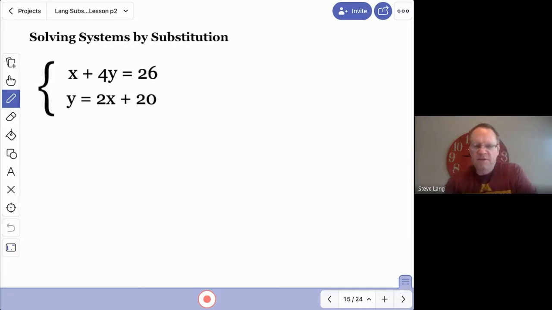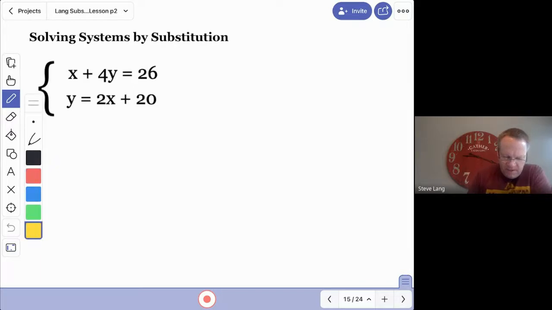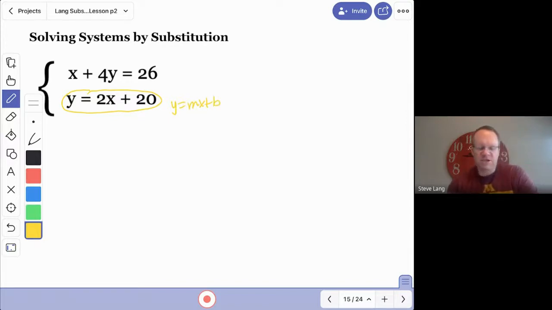So I want you to look at those equations first. Notice the bottom equation. That's in a good form for us, right? That's y equals mx plus b form. I could graph that equation. It has an integer for the slope, so equal values method could be used on that equation. But notice the top equation is not in the right order, okay?